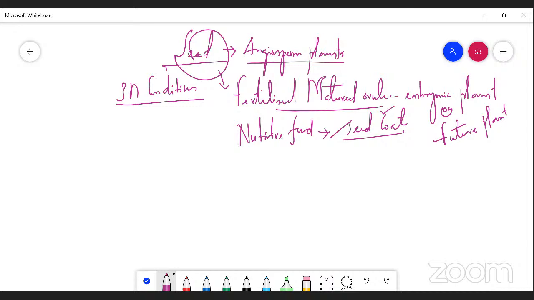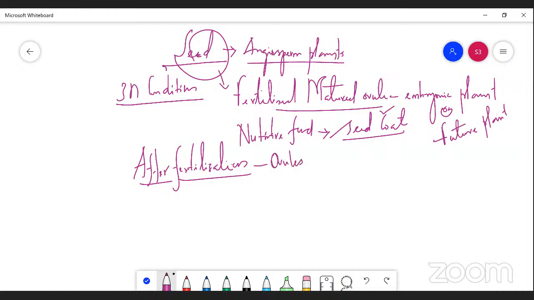After fertilization, the ovules undergo a number of changes. After the changes, the ovule transforms into a seed.